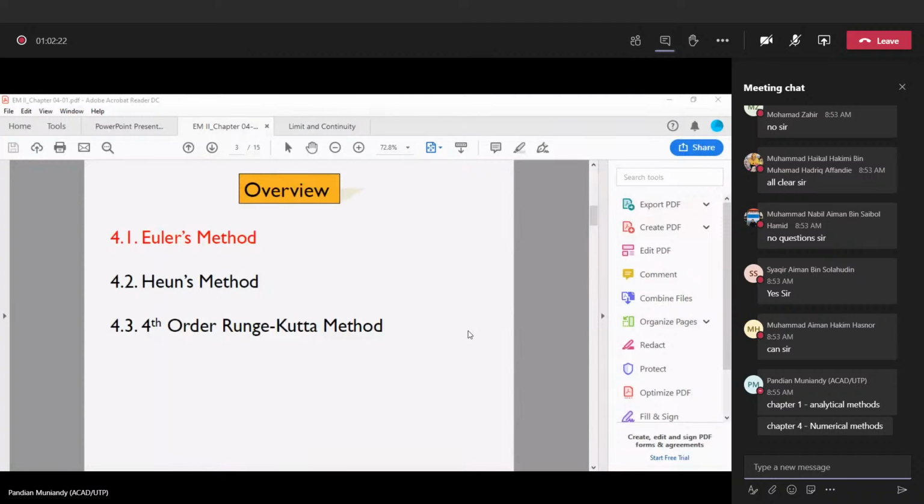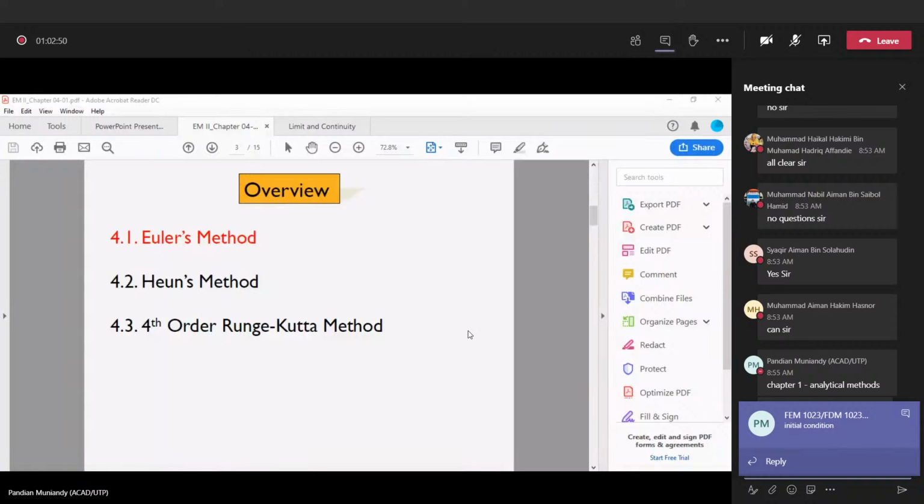Without an initial condition, you cannot solve the problem successfully. This initial condition will be given by the expert. You cannot create it unless you are asked to. Initial condition is a must. For chapter 4, the initial condition is also already given.